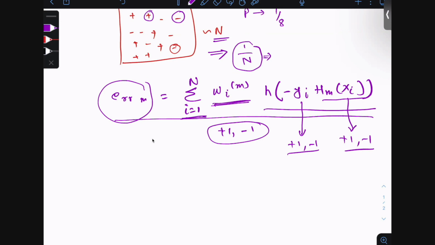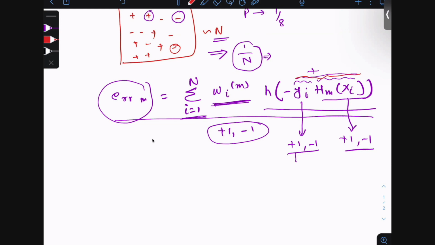Now let's try to understand. If this value is plus and this output is also plus, that means they are predicting the same thing. Both my ground truth and my prediction are the same. Then the overall value will be positive, +1, +1.